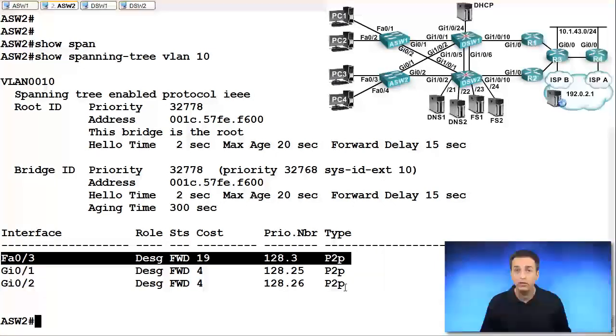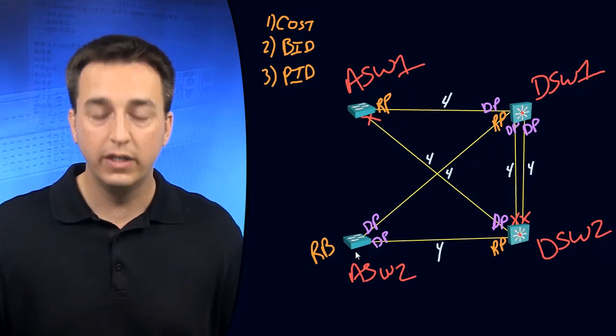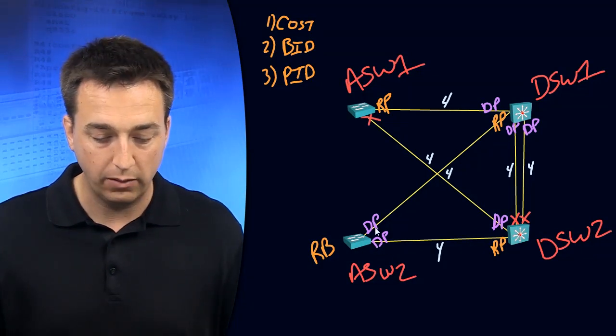The access port is part of VLAN 10. Therefore, it's also a designated port, because traffic's going to flow out that interface down to the end station. So we are correct in what we identified for ASW2. Root bridge and the 2 gigabit ports were designated ports.